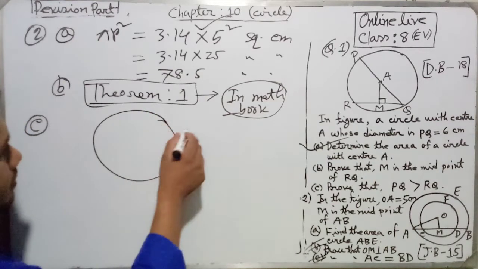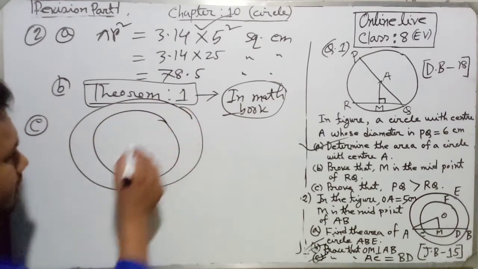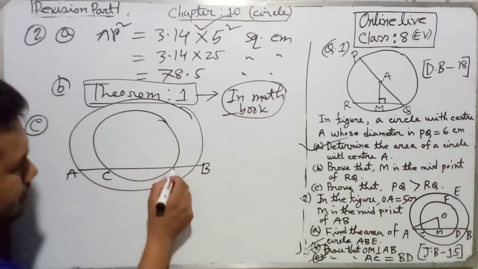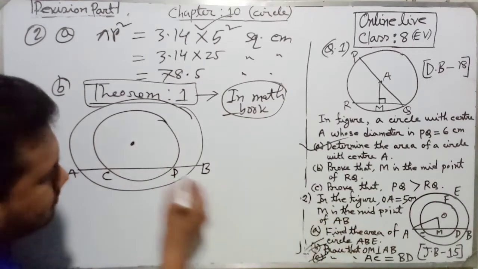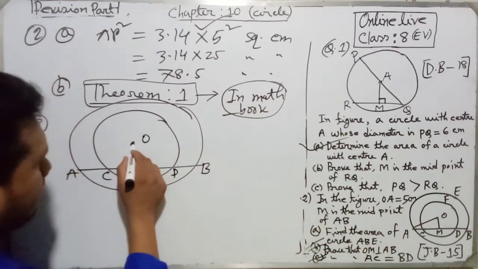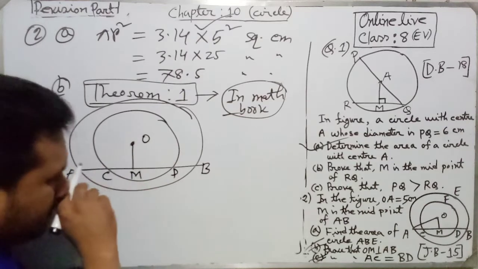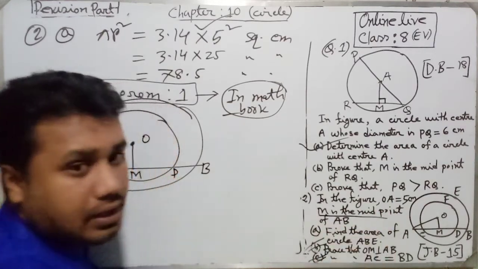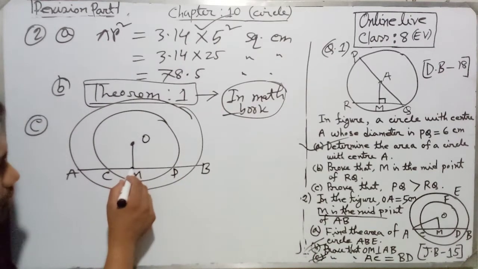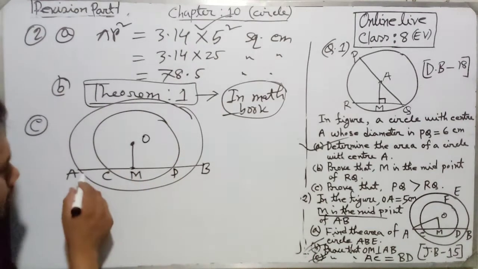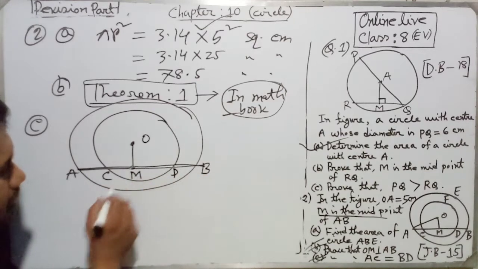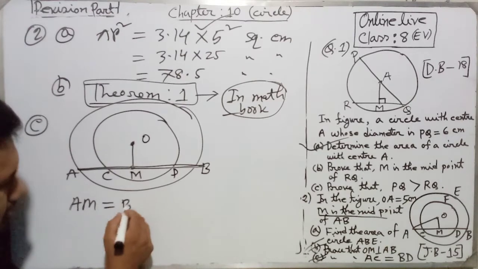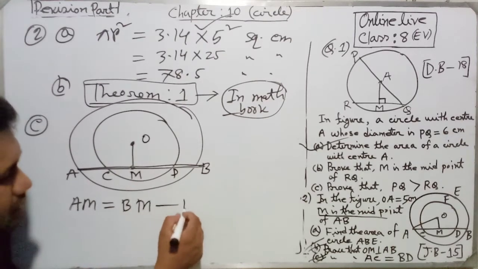Dear students, look, this is our figure and this one AB. Just for you memorizing, O and this is the M. Now dear students, B number, here it already said that M is the midpoint, and we know if M is the midpoint, then AM and BM will be equal. So AM equal BM. Suppose this is our equation number 1.